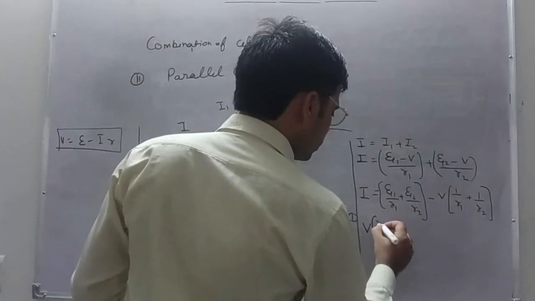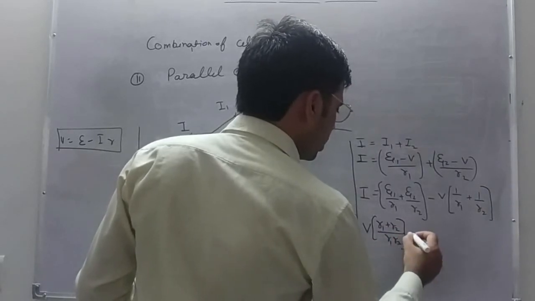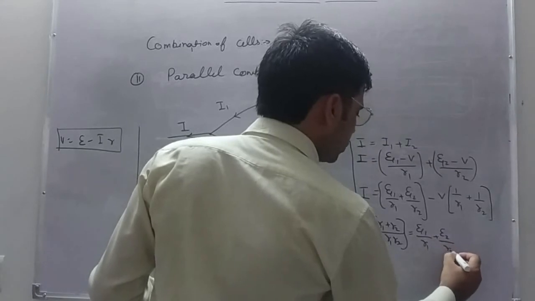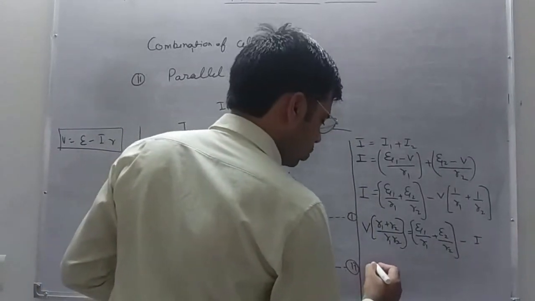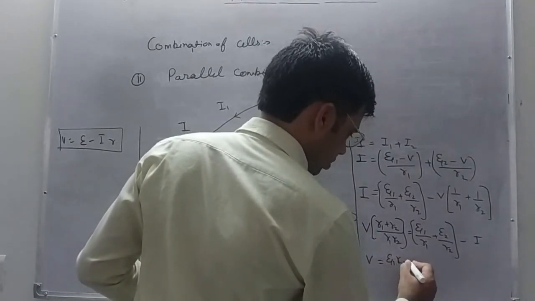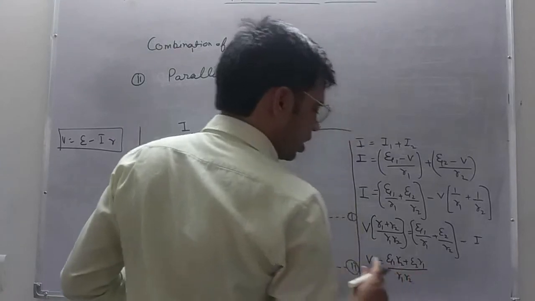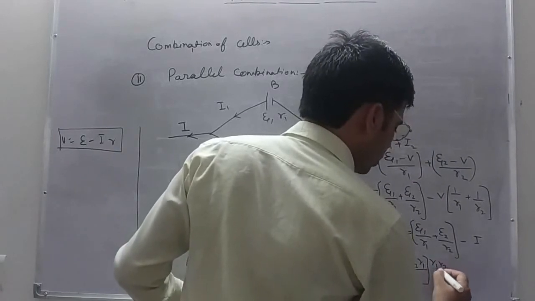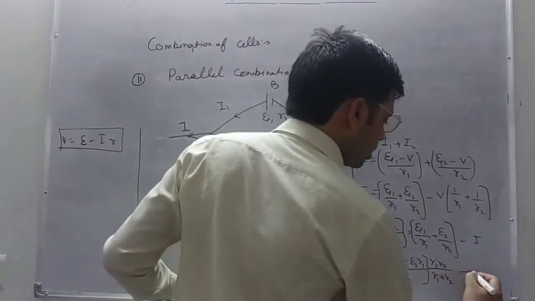So V into R1 plus R2 divided by R1 R2 is equals to E1 by R1 plus E2 by R2 minus I. By solving it, we get E1 R2 plus E2 R1 divided by R1 R2, and cross multiply it on the right hand side.